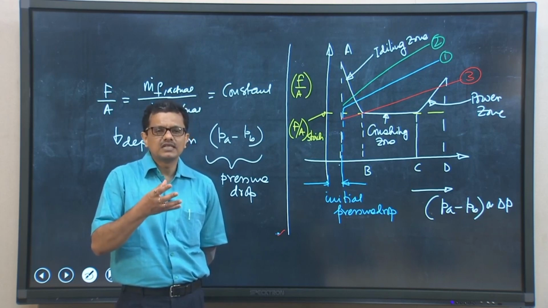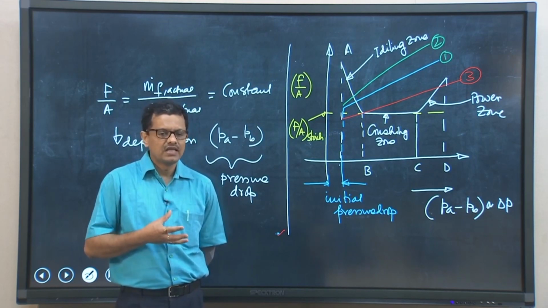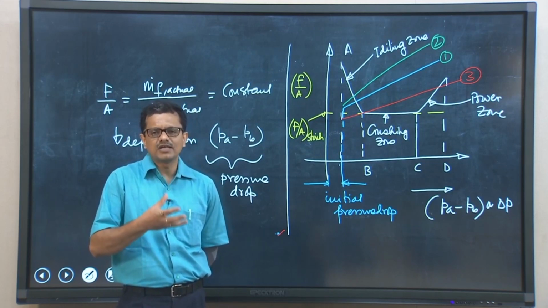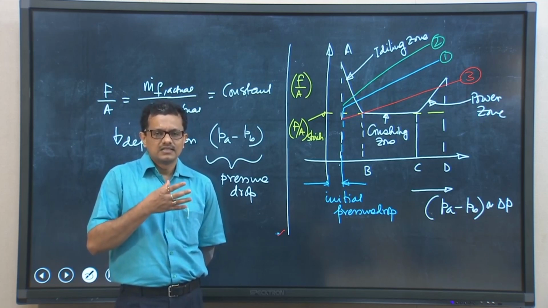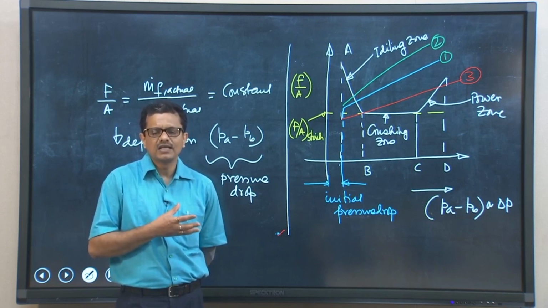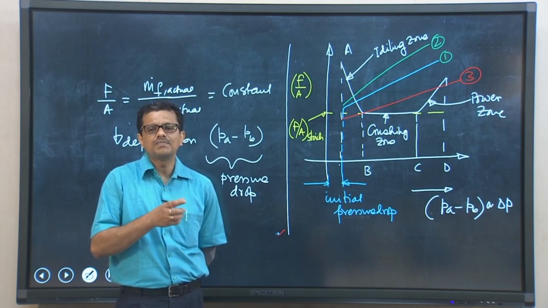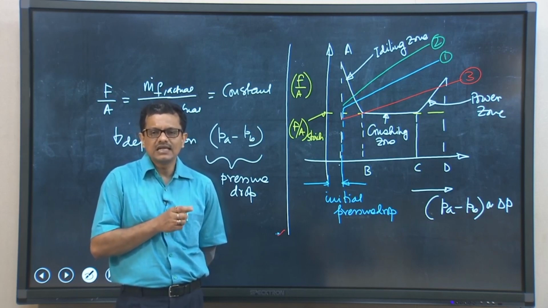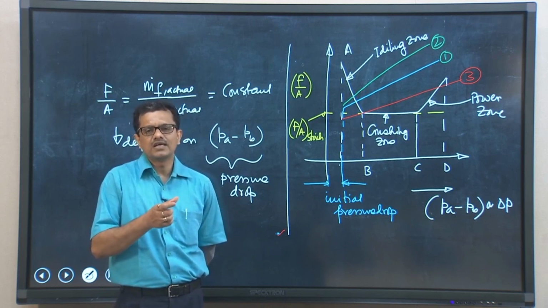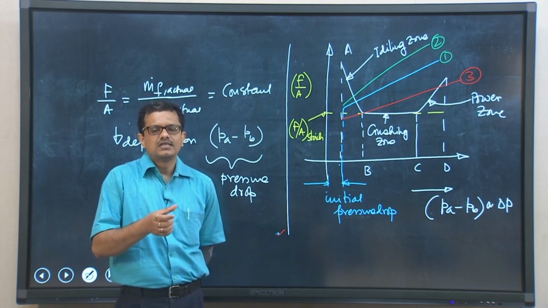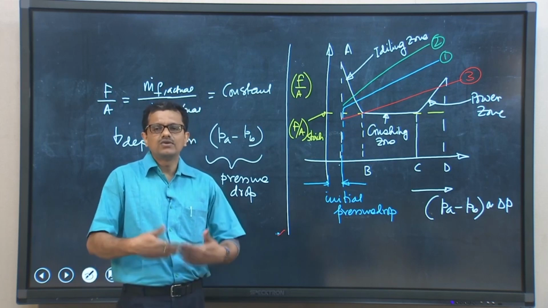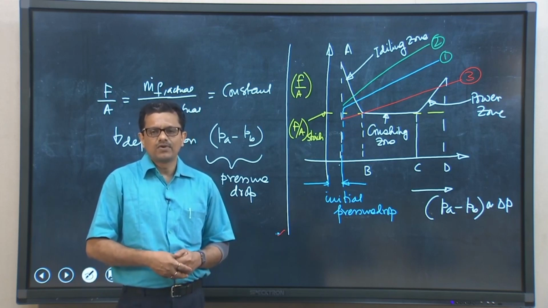That means, the real flow is not the ideal flow, and establishing the expression of the mass flow rate of fuel, we had seen that the ratio of the mass flow rate of fuel and mass flow rate of air is constant, and it is a function of delta P, that is pressure drop. And we had seen that a simple float type carburetor cannot provide required fuel air ratio to the engine during its operation following 3 distinct zones, and we need to modify the design of the simple float type carburetor.